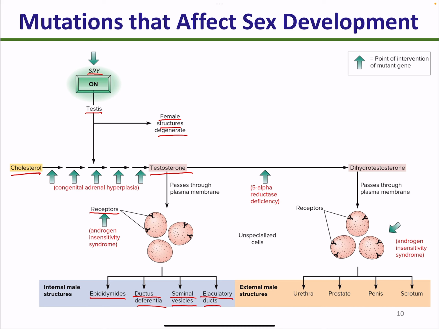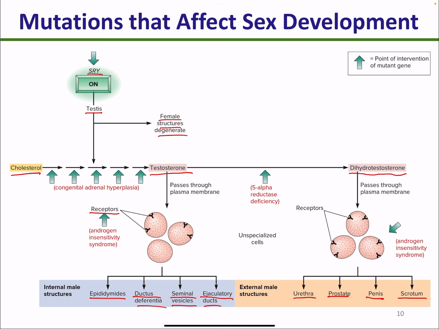Now, the other part of testosterone is going to transform into dihydrotestosterone, DHT. That dihydrotestosterone is going to have its own receptors, right? These receptors are going to cause the development of the urethra, the prostate, the penis, and the scrotum. All right?